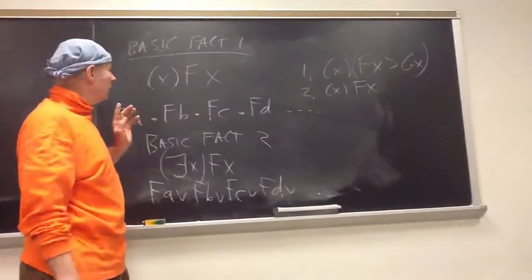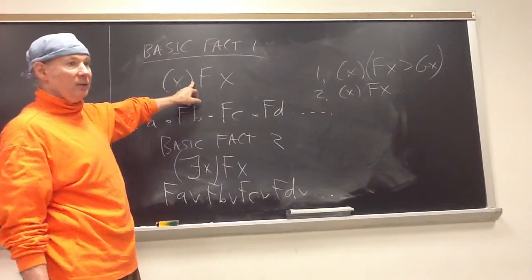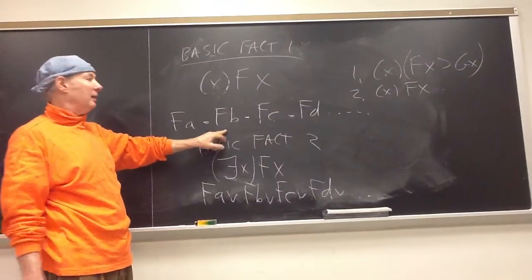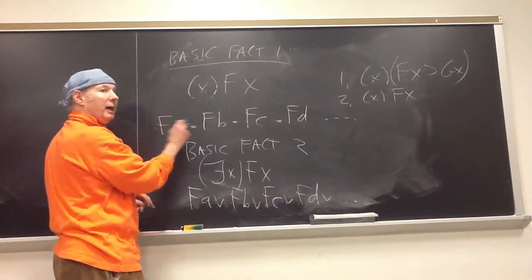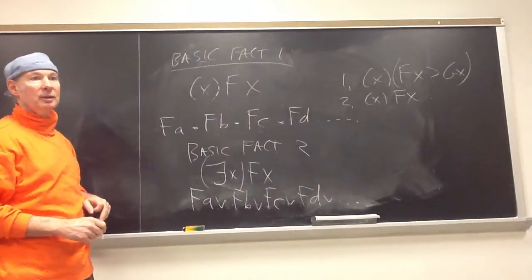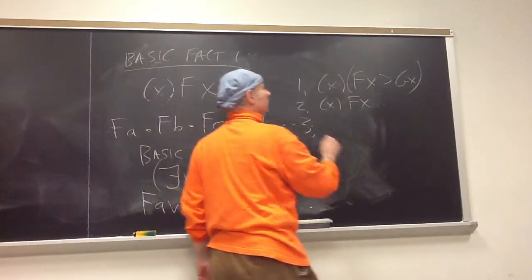Well, to understand why we can drop a quantifier, look at this and this. Since this is equivalent to that, and this is a big conjunction, I can simplify out any one of these pieces. So I could do the following if I wanted to.